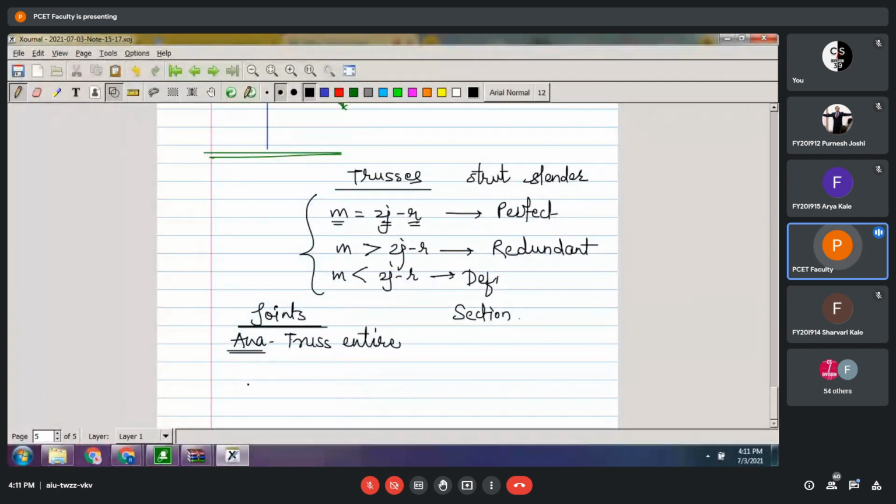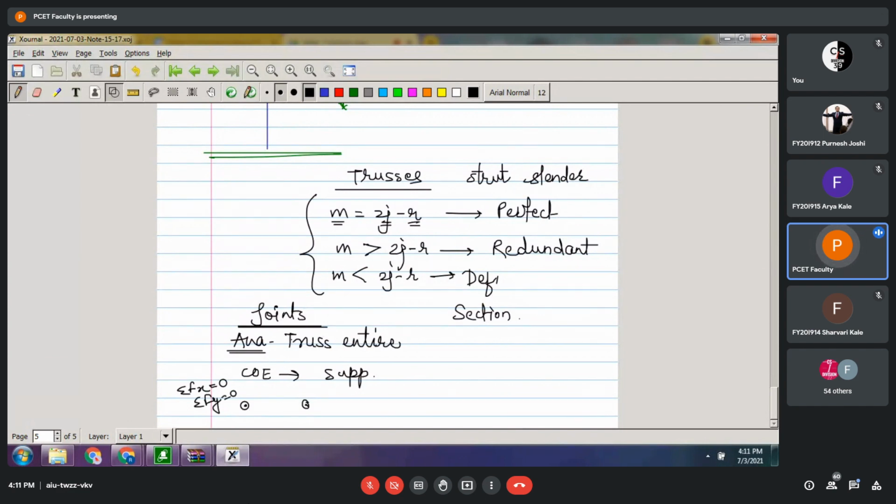Joint मध्ये काय करतो? आधी आपण conditions of equilibrium apply करून ट्रसेसच्या support reaction find out करतो, and then we isolate one by one all the joints of trusses, and at every joint there will be formation of some concurrent force system where you can apply our equation of summation fx is 0 and summation fy is 0.